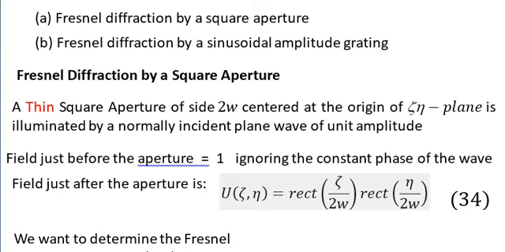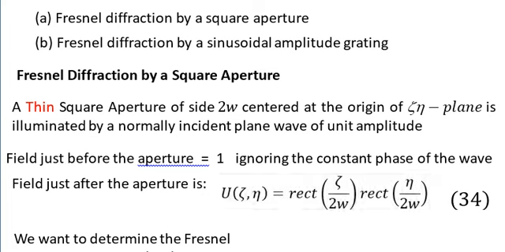The field just after the aperture, because the field has to pass through the square aperture, becomes u of zeta eta, represented by two rect functions: rect of zeta over 2w and rect of eta over 2w. Both rect functions define the square aperture.